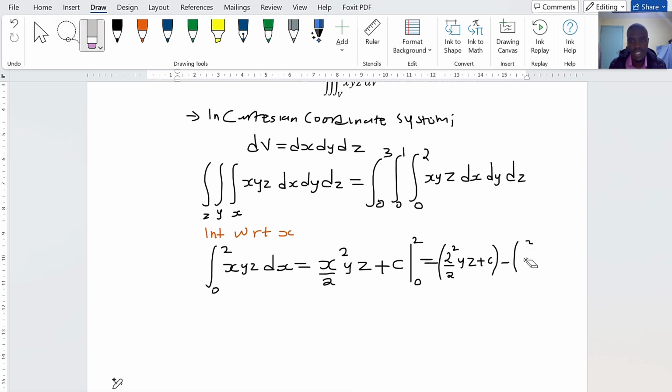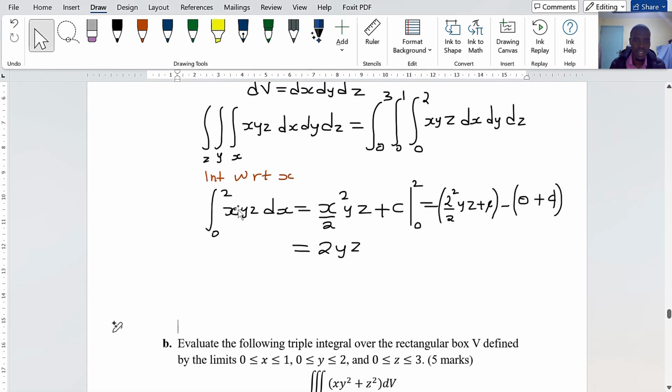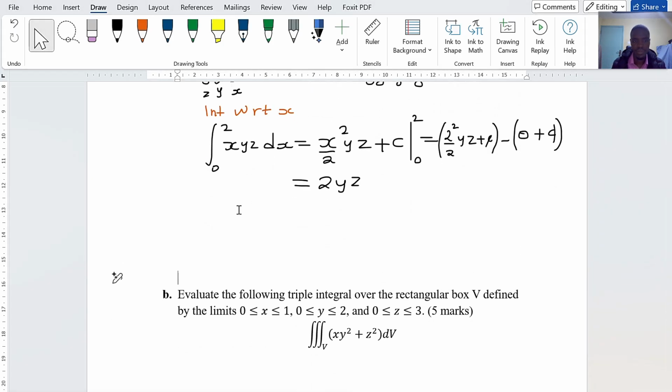For the lower bound, we have 0, and everything becomes 0, then plus c. Now when you work this out, we remain with 2 squared is 4, so it is going to be 2yz, then c cancels because you subtract. That is our first step.